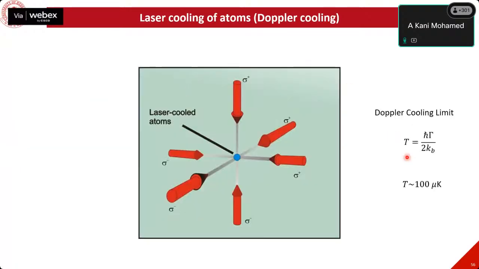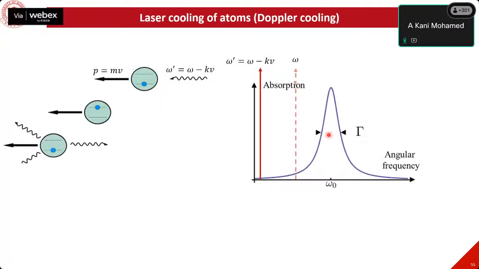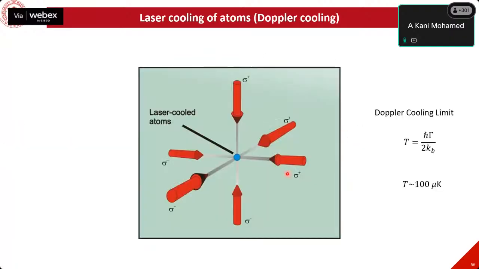So this is the minimum temperature that we can achieve with the Doppler cooling mechanism for an atomic system which has a line width of gamma. Gamma is the absorption line width. For typical atoms like sodium, rubidium, whatever we use in the lab, we can easily achieve hundreds of microkelvin through Doppler cooling.